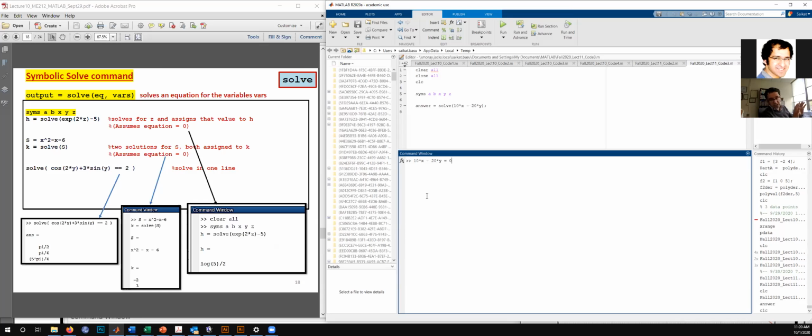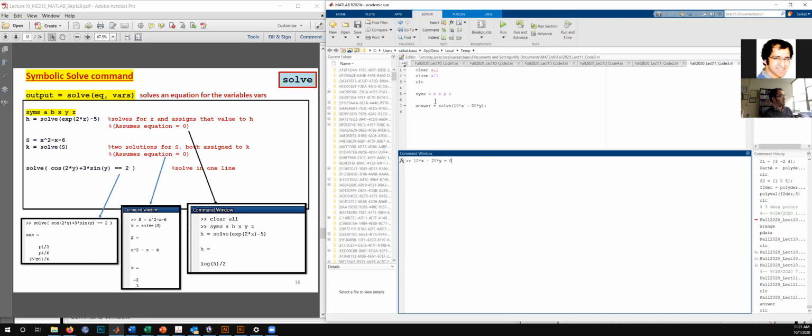Now MATLAB has a pecking order in terms of which variable it is going to solve for. This equation has two variables, x and y. We know that we cannot solve for two unknowns from one single equation. But still you can try to express x in terms of y, right? You take this to the other side and divide by 10. So x is basically 2y for this equation to hold true. For MATLAB, it would just solve for x unless you tell it otherwise.